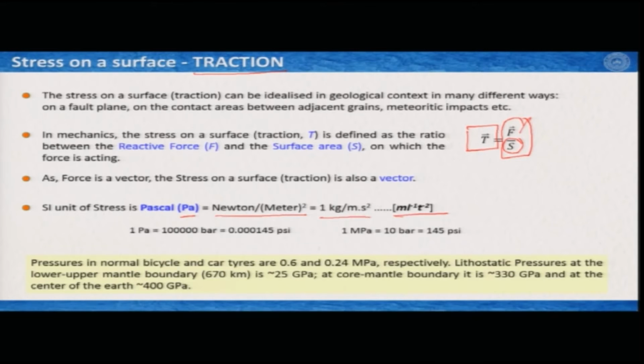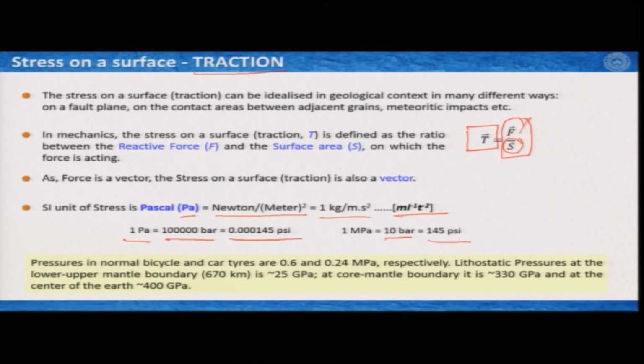Sometimes we also call it pressure in this context. So, 1 Pascal is equivalent to 10 to the power minus 5 bars, and about 0.000145 psi, pound per square inch. And 1 megapascal, 1 into 10 to the power 6 Pascal, is equivalent to 10 bars and 145 psi.